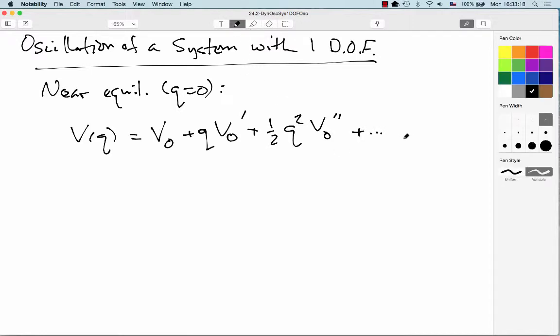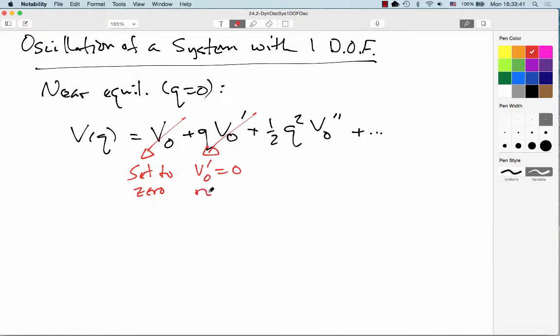Alright, now the first two terms are going to drop out. This one we're going to set to 0 because we're always free to just add or subtract a constant to make that happen. And here V prime at 0 has to equal 0.